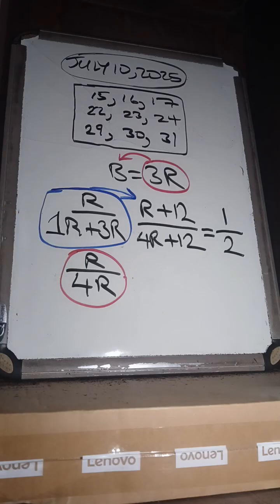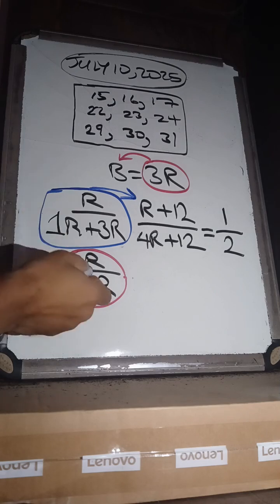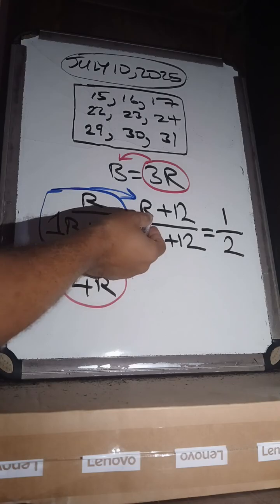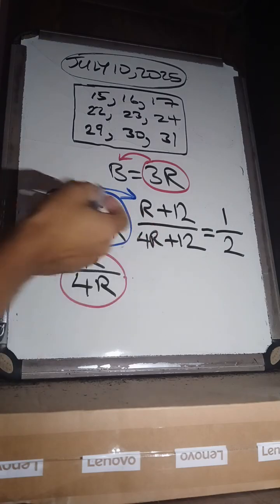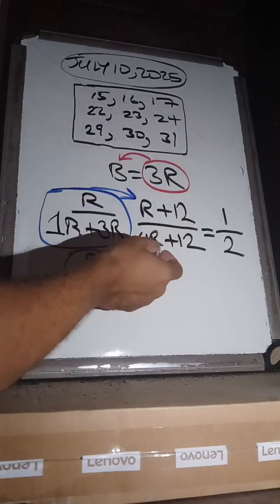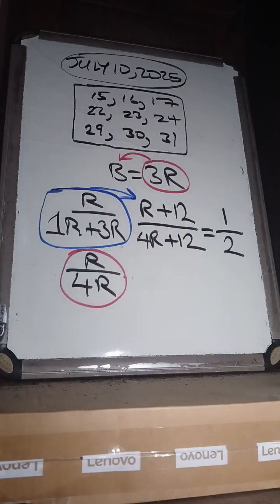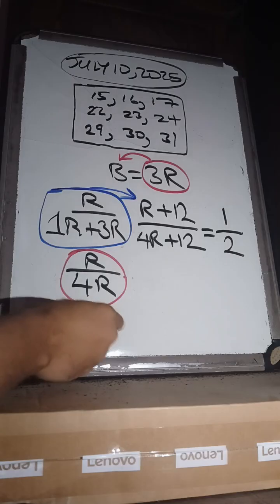Because, using this as an example, if I were to use 4 here and 4 here, this would have been 16, this would have been 28, right? So let me just write it, 16 over 28.